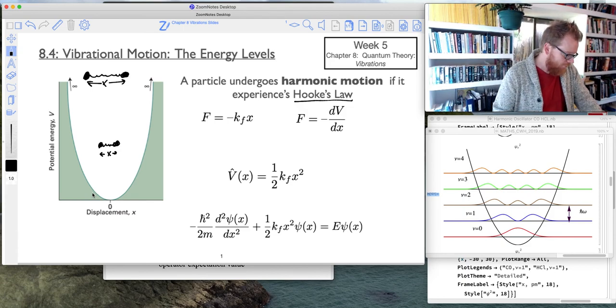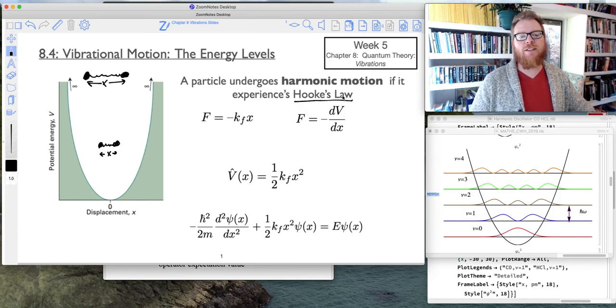Okay. So this Hooke's law restoring force is given by the following: force, right? Equals negative kf times x, where kf is our force constant in terms of newtons per meter.